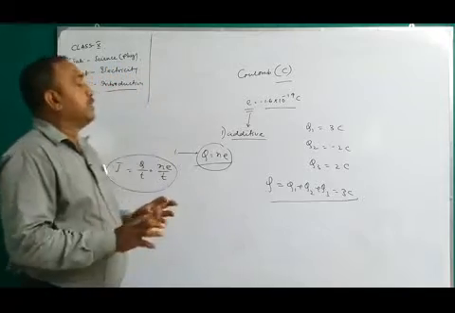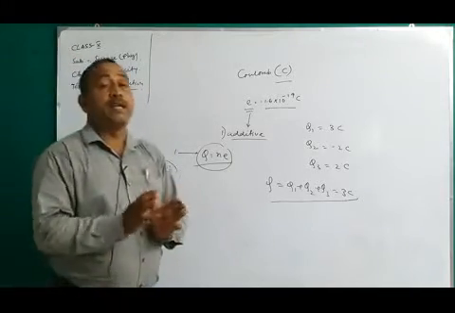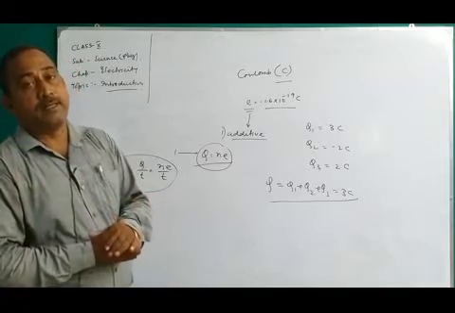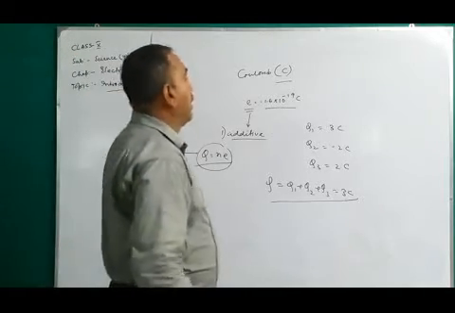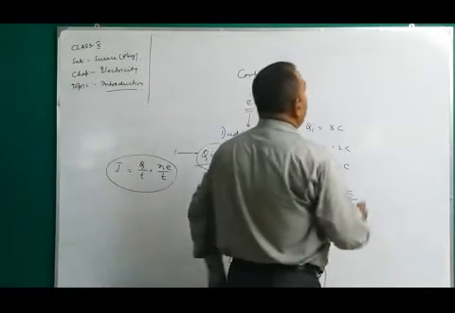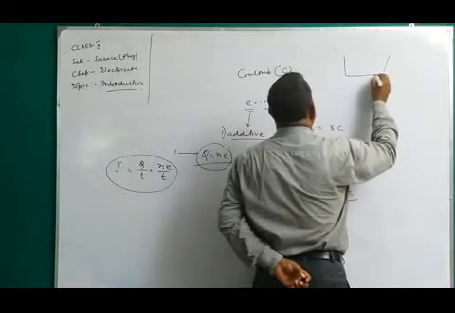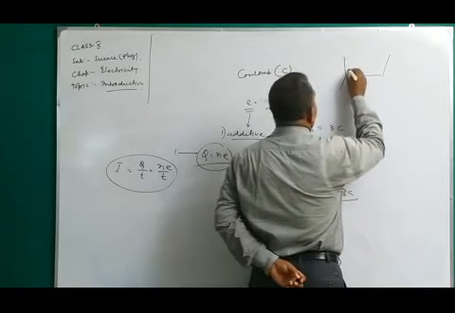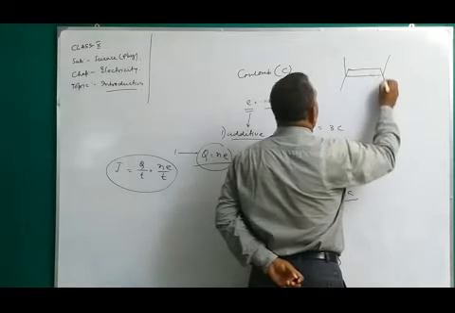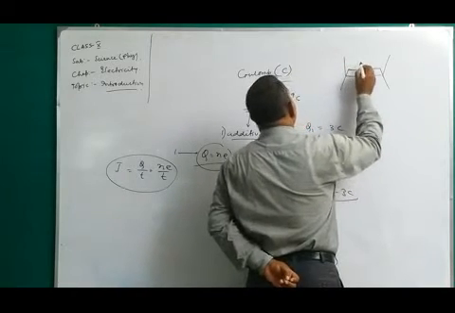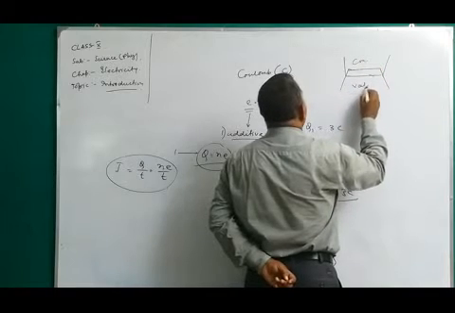A conductor means it has so many free electrons in the outer cell. It helps carry electric energy through the material, that means the conductor. Suppose you consider this is the conduction band and that is the valence band.